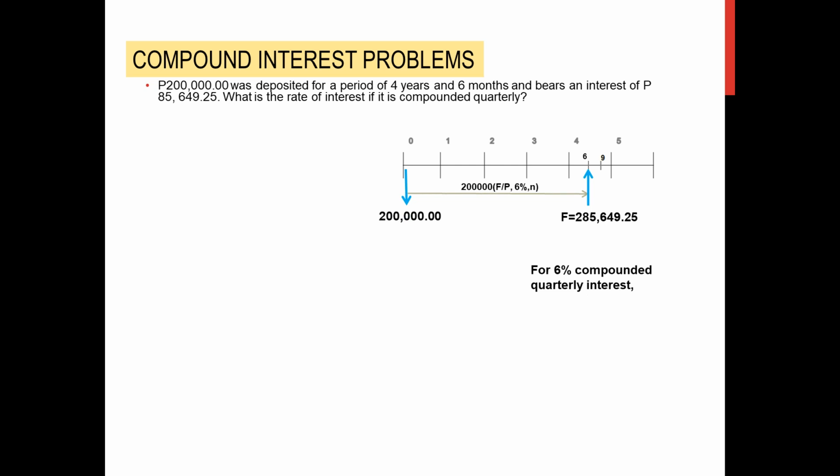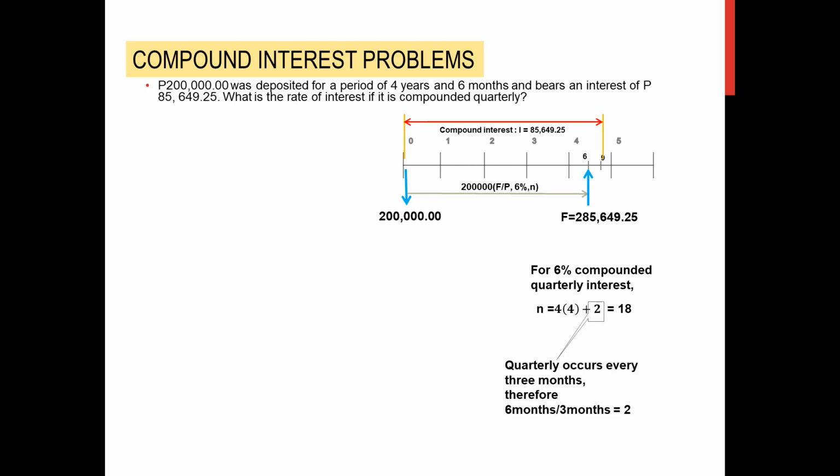And again, for 6% compounded quarterly interest, because this is an interest of 85,000, just the same as earlier, we just have to multiply 4 years at 4 occurrences per year, and then add 2. Where did we get that 2? Quarterly occurs every 3 months.